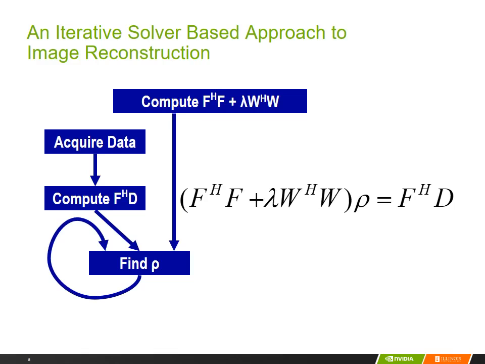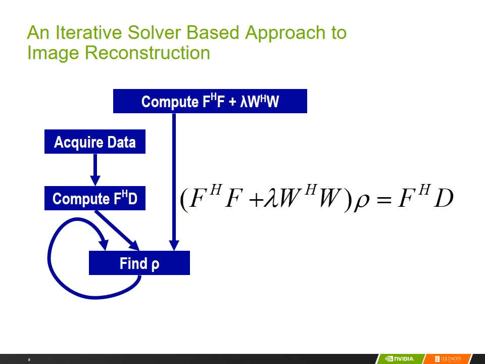So we essentially guess the value of rho, apply the Q operator to it, and then see if it is close to the FHD value that we computed based on the acquired data. And we iterate until the value of rho converges to the values that give us a close enough FHD value when we apply the Q operator.